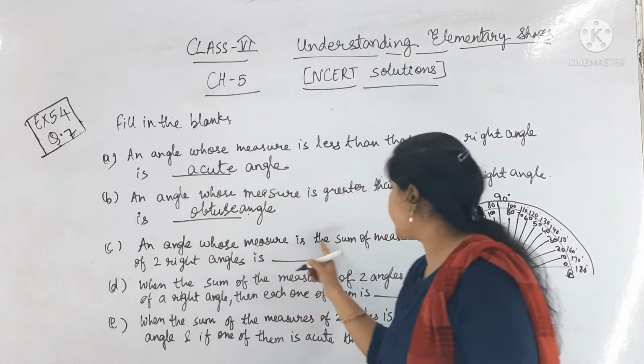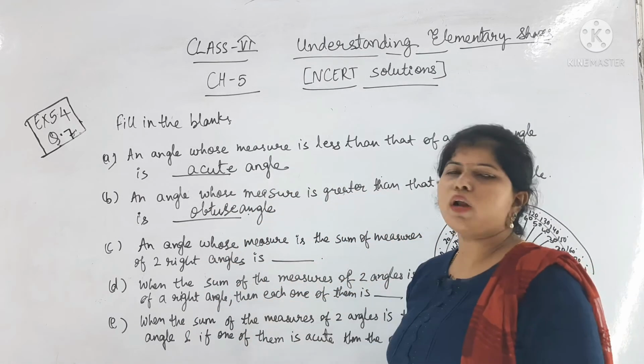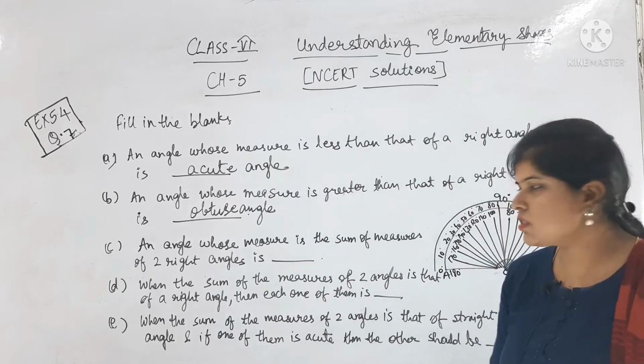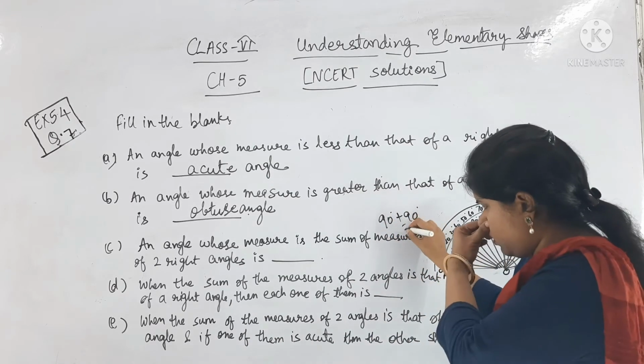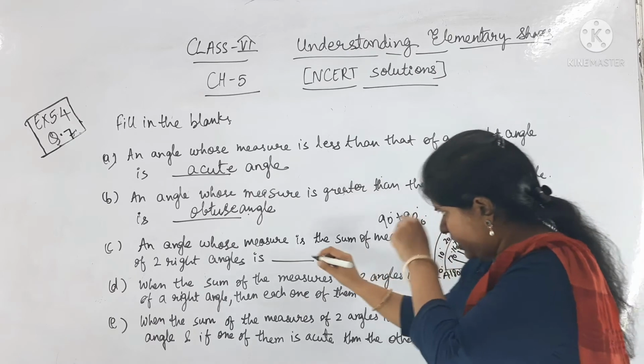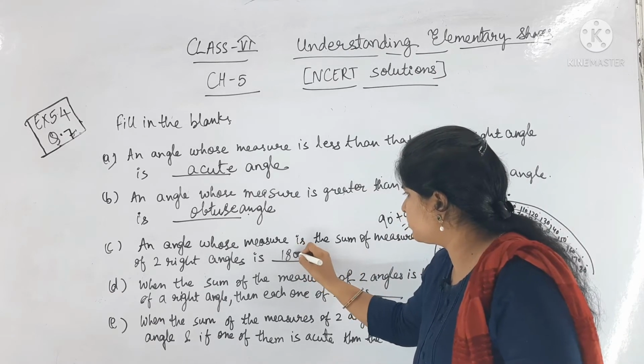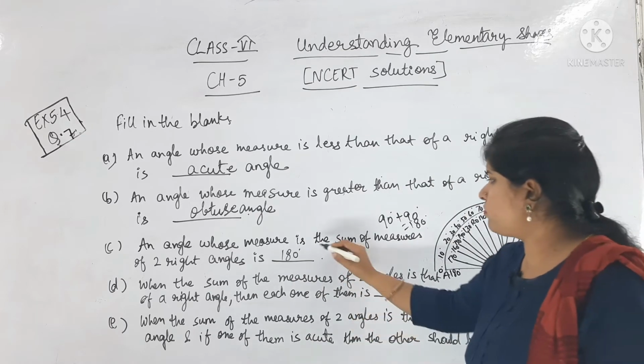An angle whose measure is the sum of the measures of two right angles: two right angles means 90 degree plus 90 degree, that is equal to 180 degree. So this is 180 degree.